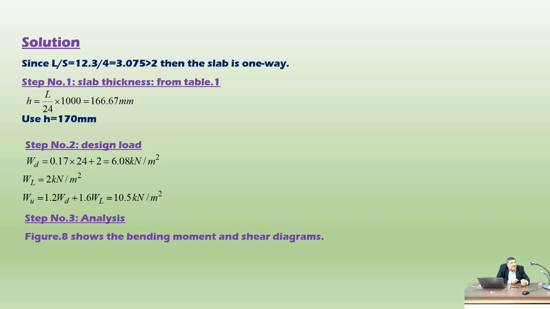While, as mentioned in the question, the live load equals 2 kilonewton per square meter. Thus, W ultimate, Wu, equals 1.2 dead load plus 1.6 live load, which equals 10.5 kilonewton per square meter.